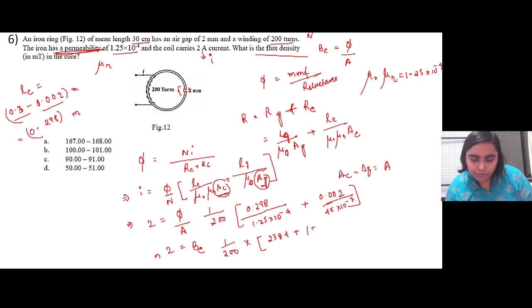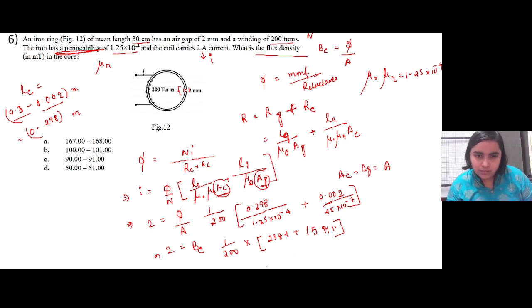This is 1591, plus 2384, divided by 200.